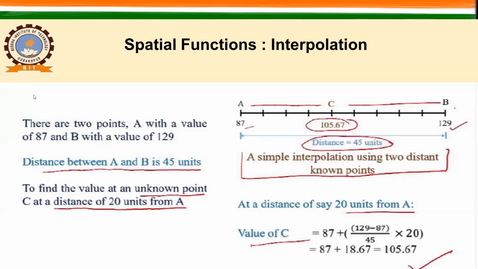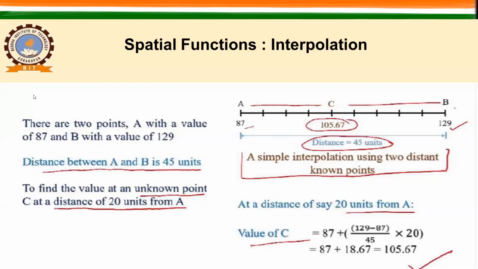Then, to find the value at an unknown point C at a distance of 20 units from A, this is basically 20, and here you have 25. That means the distance between A and B is 45, and C is at a distance of 20 units from A. The value of C can be calculated like this.